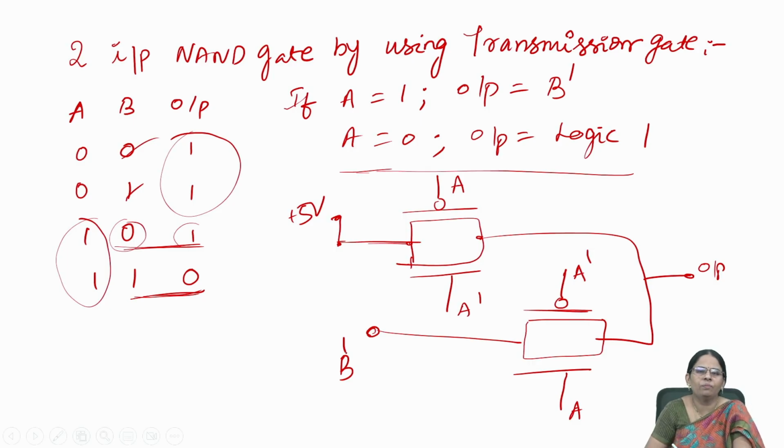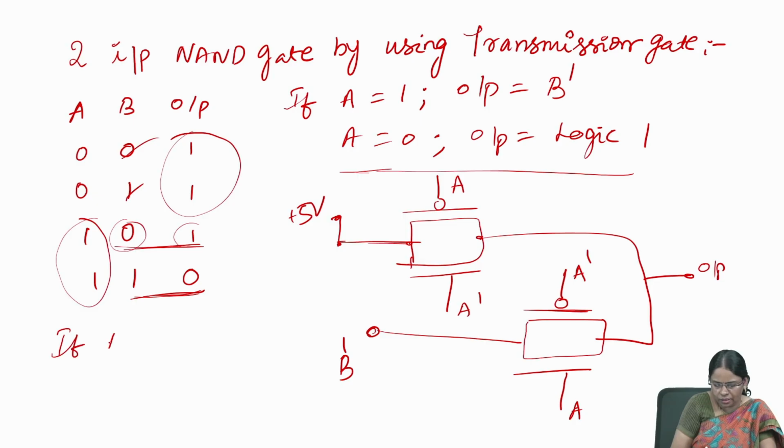In that way, you can implement a 2-input NAND gate by using transmission gate. The transmission gate consists of both the transistors, PMOS as well as NMOS. This is implemented by taking the control signal as A.